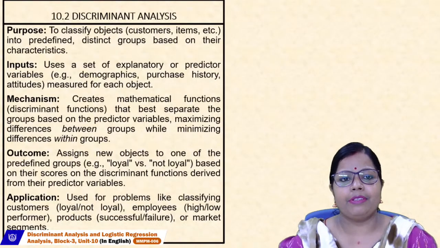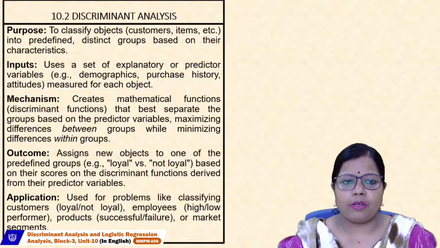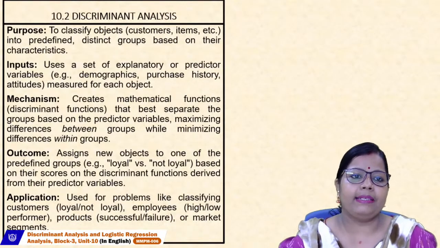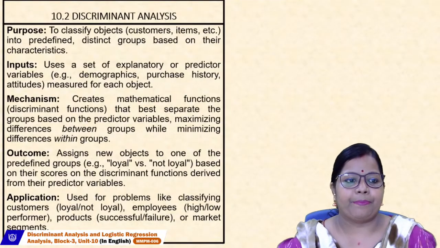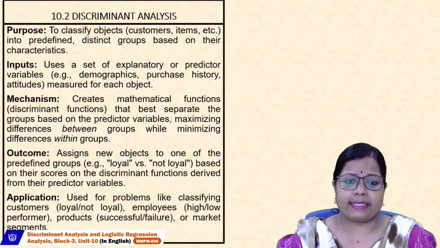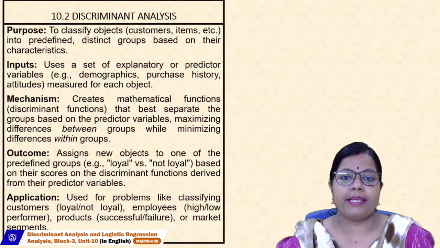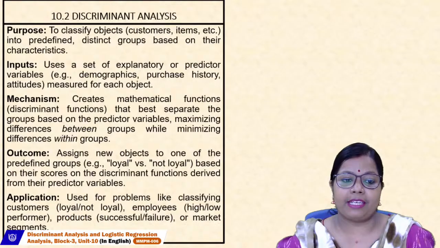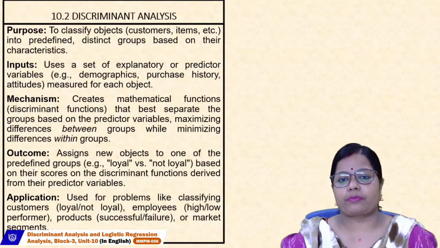Suppose I classified a few objects; now I will use the set of predictors, the variables that actually predict these objects I identified or classified. Then the mechanism we use is to create mathematical functions that best separate the groups based on the predictor variables, maximizing difference between groups while minimizing difference within the group.